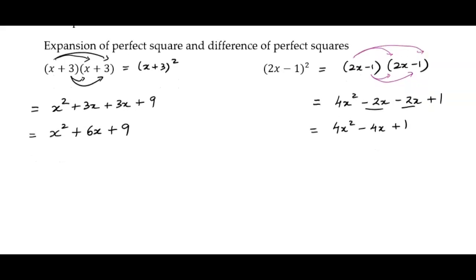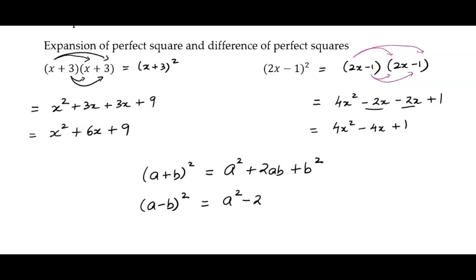The formulas are in the format of, if I have my expansion as a plus b to the power of 2, that'll expand as a squared plus 2ab plus b squared. And similarly, if my bracket was in the format of a minus b to the power of 2, that'll expand as a squared minus 2ab plus b squared.